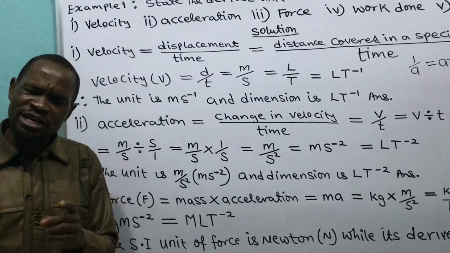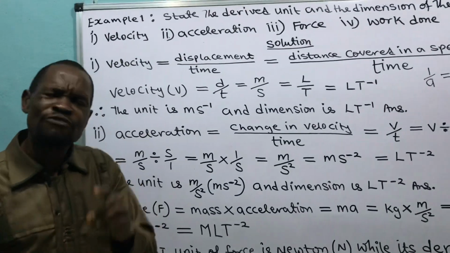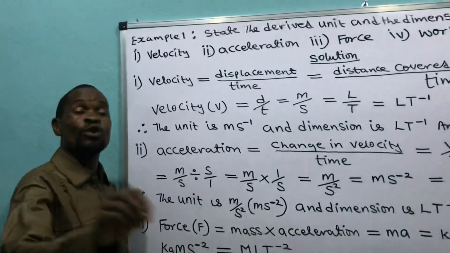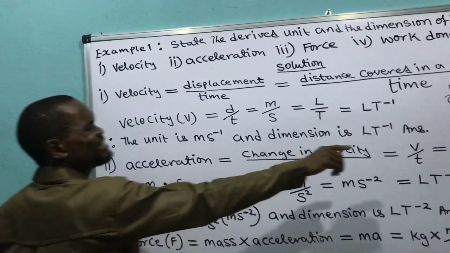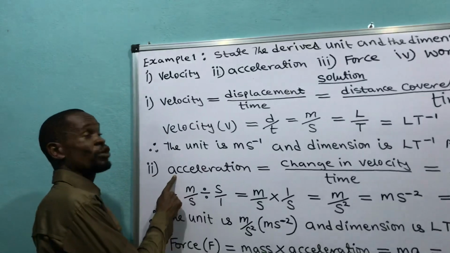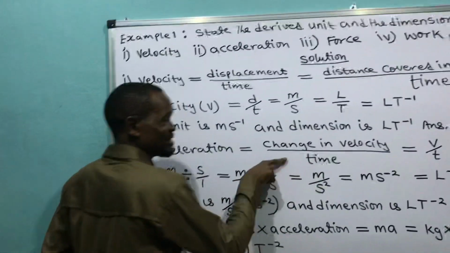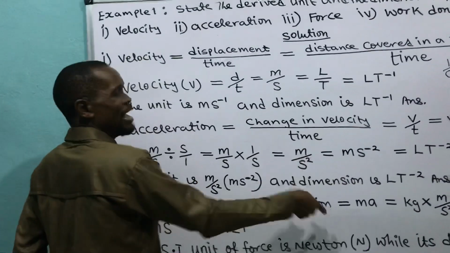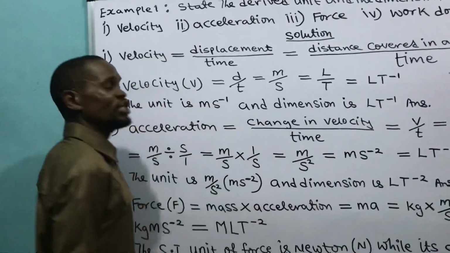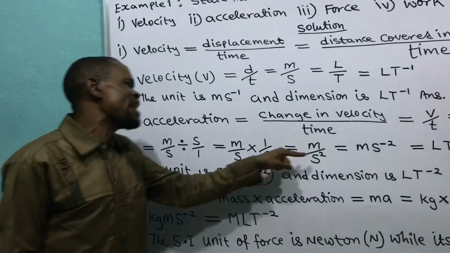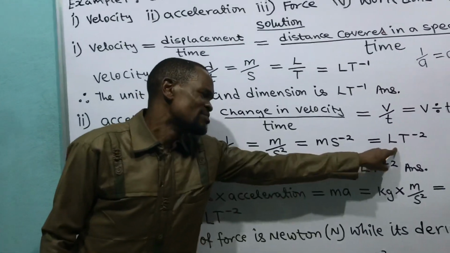And I can only get the derived unit when I have defined the quantity. I can't get the derived unit without defining the quantity. You remember, I first of all defined acceleration by knowing that acceleration is change in velocity over time. I'll be able to know the derived unit. And from the derived unit, I get my dimension.